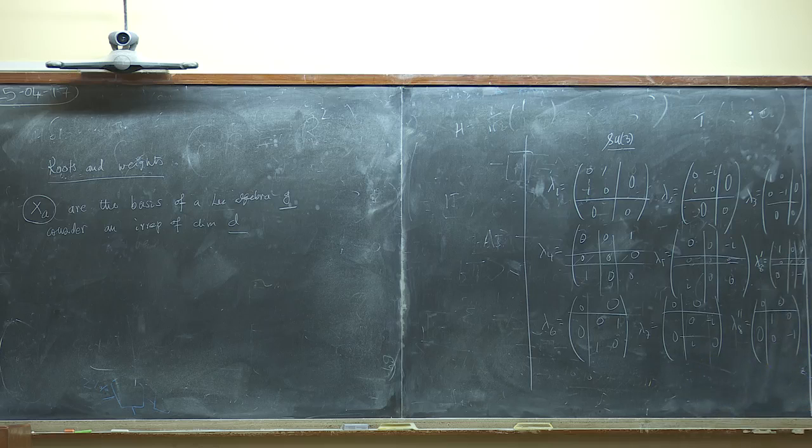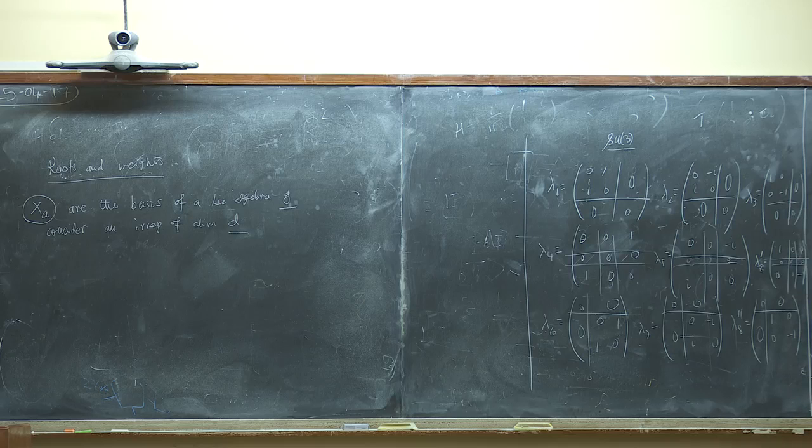Now, if you count the number of generators, you get 9 here. That would have been okay for U3, but it's not okay for SU3. The point is that these are not independent.